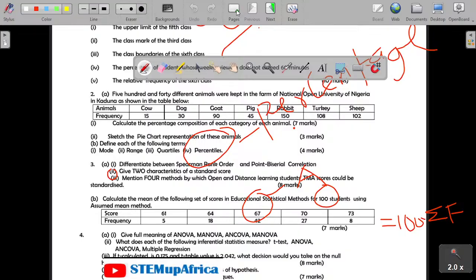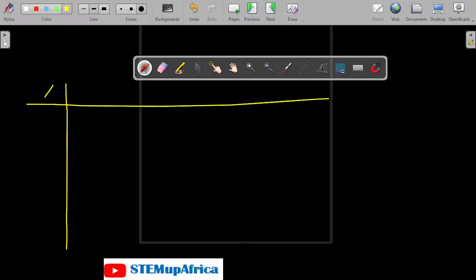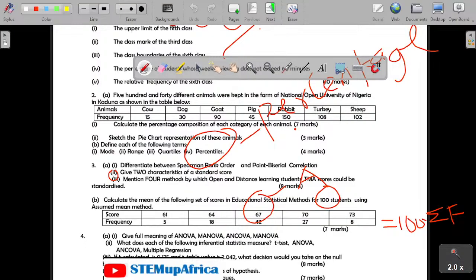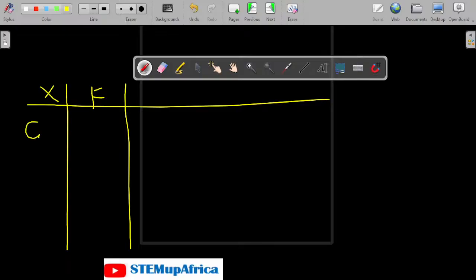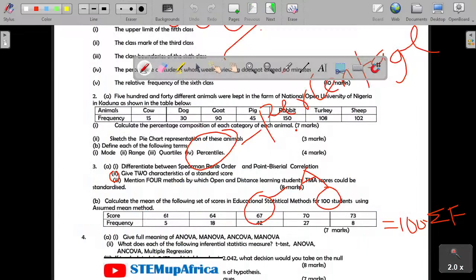The score is your X, then the F is your frequency. So what is the first score there? It is 61, and the frequency is 5. Next, we have 64.